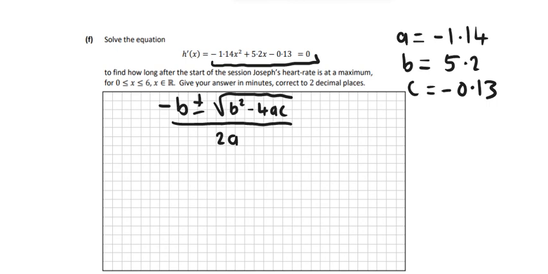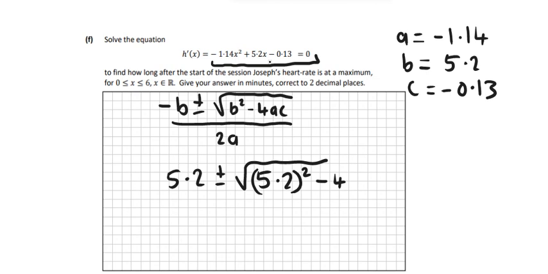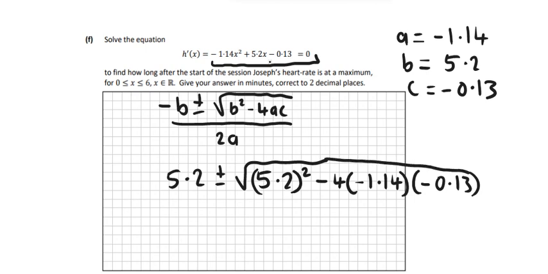So if you sub them in, we get 5.2 plus or minus the square root of 5.2 squared minus 4 times minus 1.14 times c, which is minus 0.13, all over 2 times a. So a is minus 1.14.